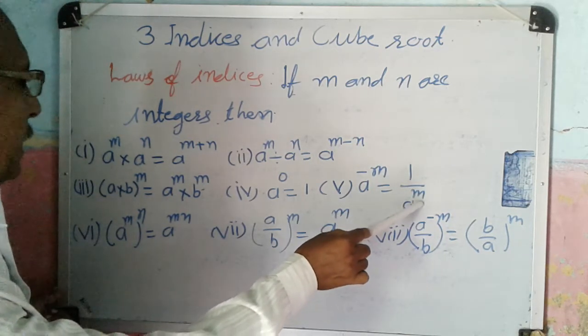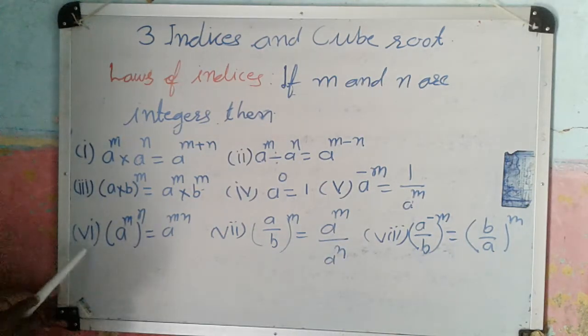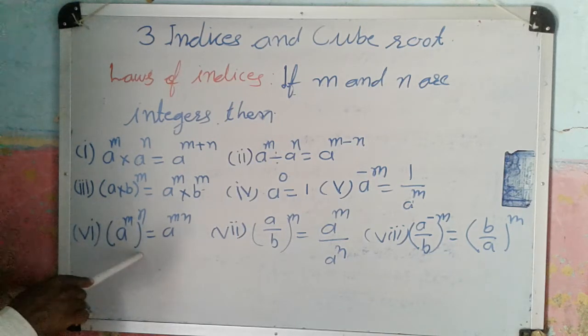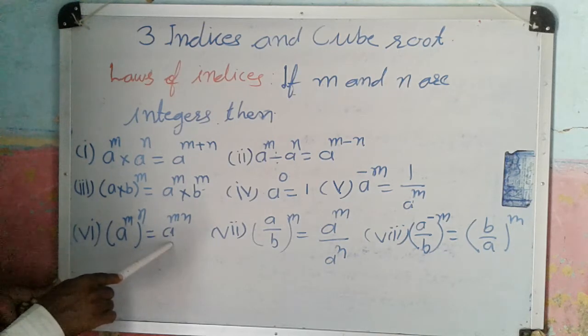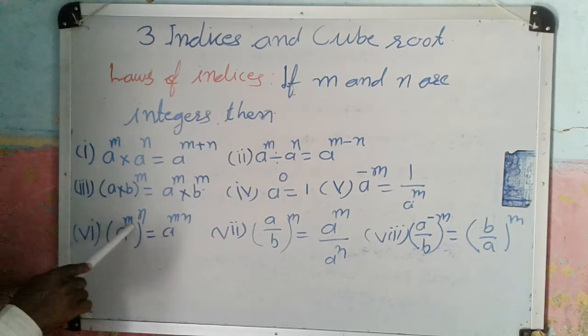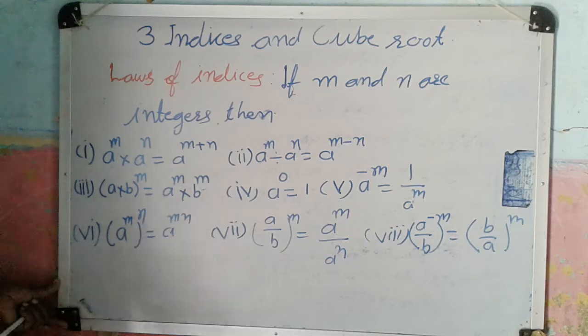Now here the index becomes positive. Now the sixth law, a raised to m, raised to n. So it is the index of the index. Here the base is a. So in this case, multiply the indices. That means we get a raised to m into n.